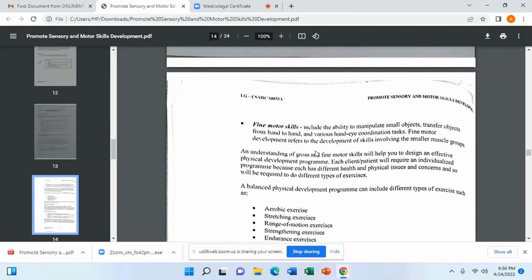It says an understanding of gross and fine motor will help you to design an effective physical development program. They're aware that even though the fine motor might not be so big in making sure you're healthy, if they go bad, they can cause a lot of problems, right? If you have problems closing your eyes, they can get dry and you can get an infection in your eye.